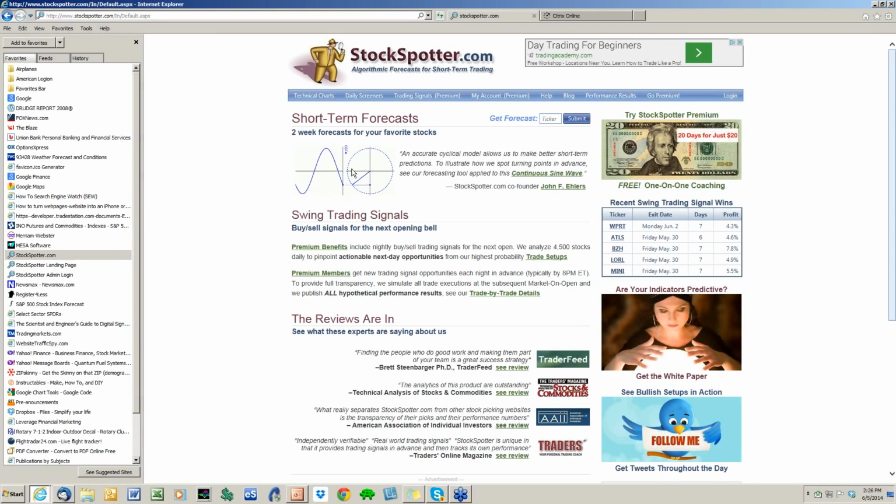So there's a phase relationship between the actual cyclical waveform and its rate of change. In a sense, a rate of change indicator is a predictor. It's getting to the maximum before the actual sine waveform itself.